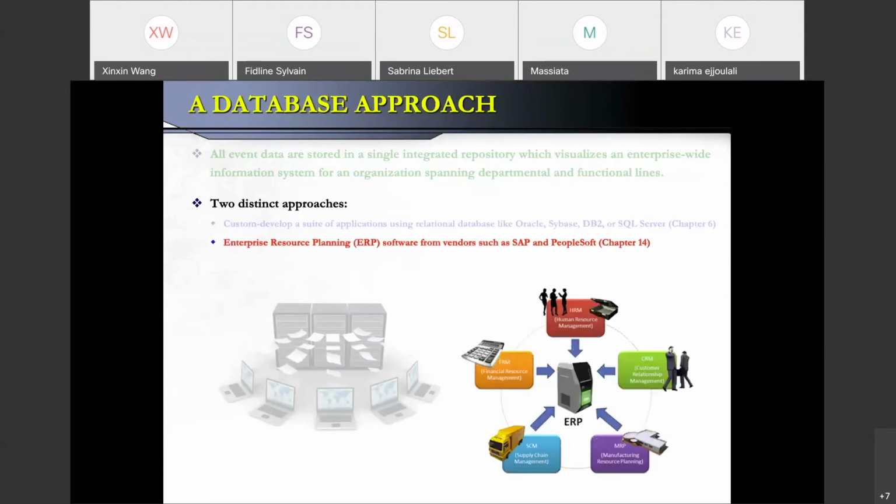Another approach is the ERP system, using software from vendors, and it can solve a lot of database problems. Like in reality, a lot of companies actually use multiple ERP systems.